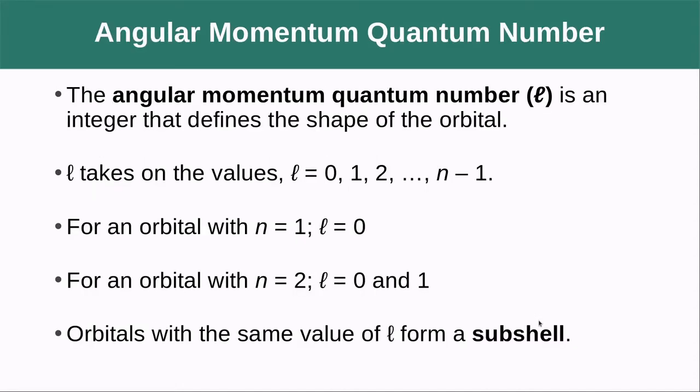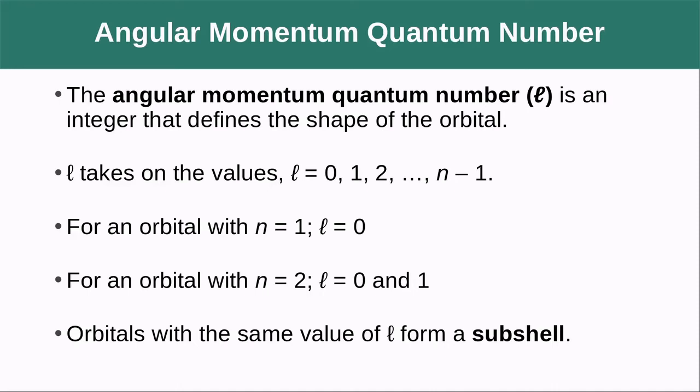All right. So the next quantum number that we need to be concerned about is the angular momentum quantum number. This is usually shown as a scripted L. It's an integer that defines the shape of the orbital. And L will take on integer values all the way up to n minus 1.